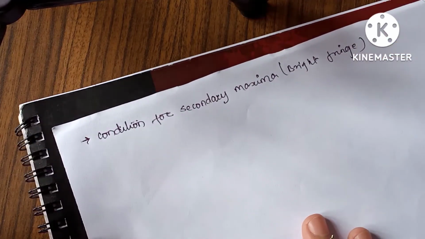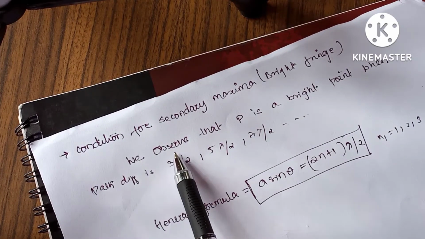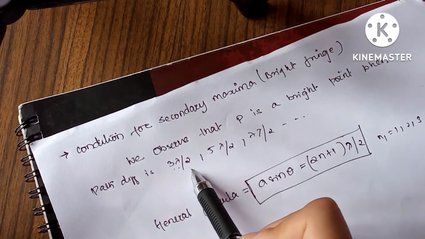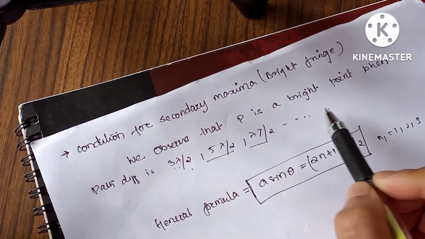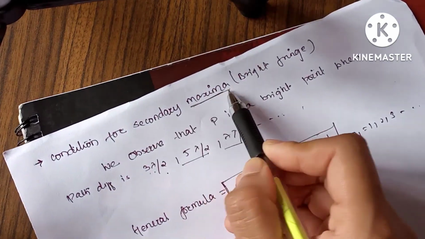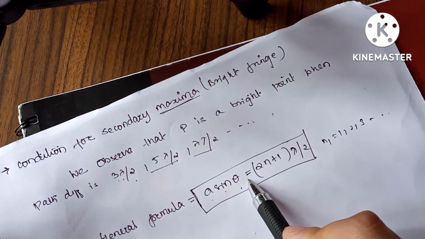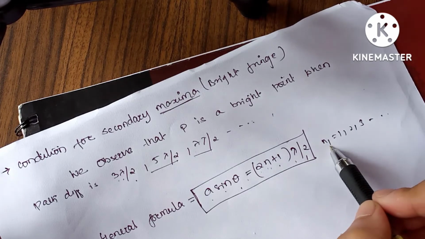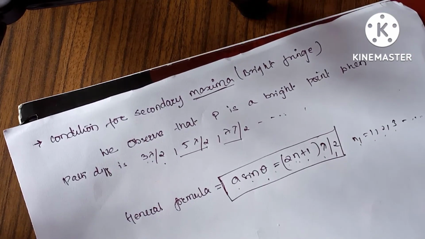We observe that P is a bright point when the path difference is 3 lambda by 2, 5 lambda by 2, 7 lambda by 2, and so on. So the general formula for the bright fringe, or secondary maxima, is a sine theta equals (2n plus 1) lambda by 2, where n is equal to 1, 2, 3, and so on. This is the general formula for the bright fringe.